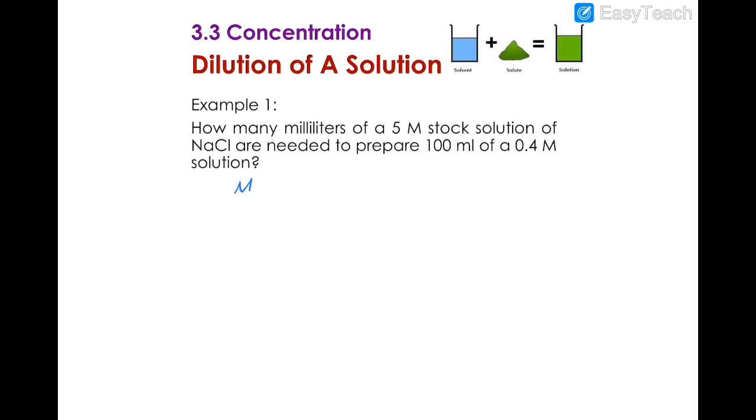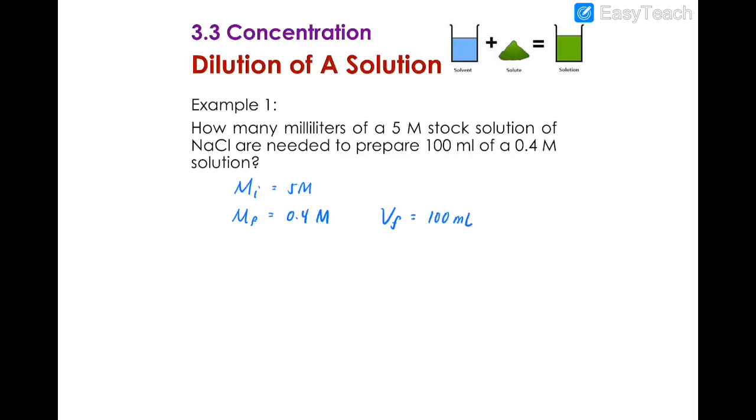Jadi your initial molarity is 5 molar, meanwhile your final molarity adalah 0.4 molar. Okay, and then 100 ml pula, dia dah mention about 100 ml of 0.4. Bermaksud itu adalah your final volume, 100 ml.